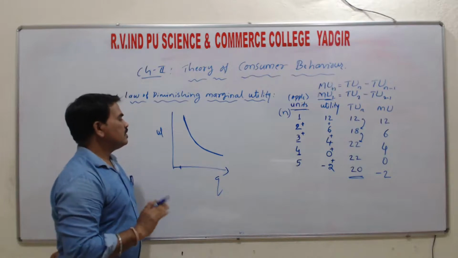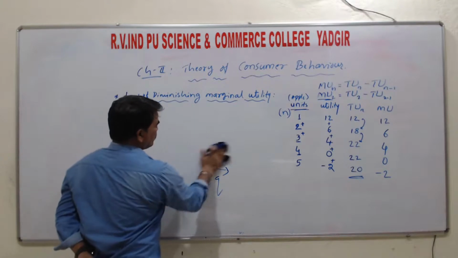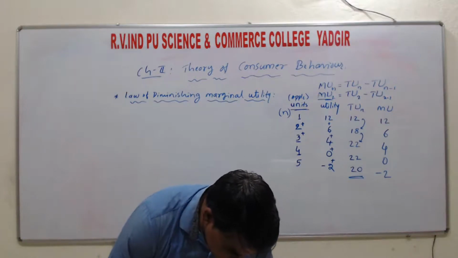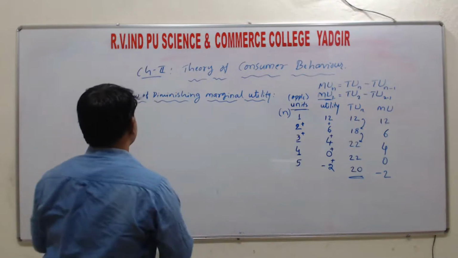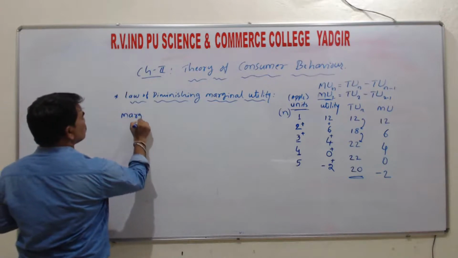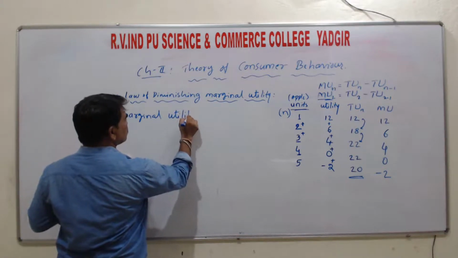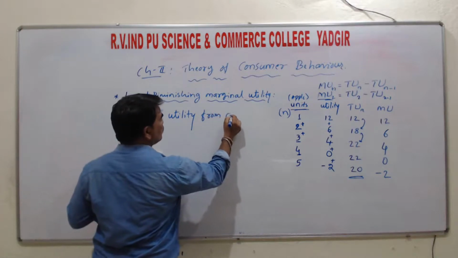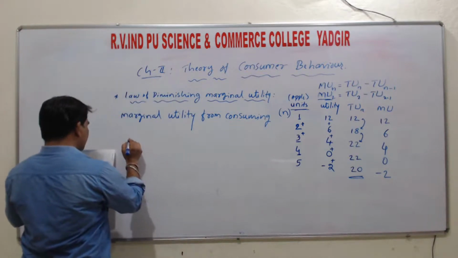It is very simple. So we will put that in words. The marginal utility from consuming each additional unit of commodity declines as its consumption increases.